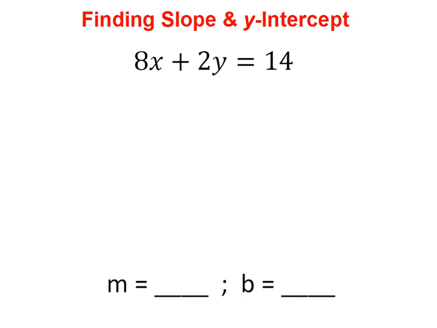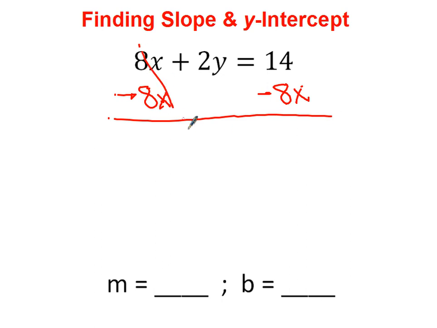The last example is 8x plus 2y equals 14. Again, move your linear term to the other side of the equation. They cancel. I'm left with 2y is equal to -8x plus 14.